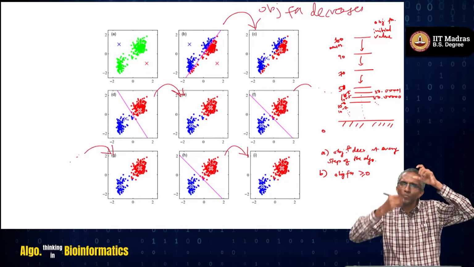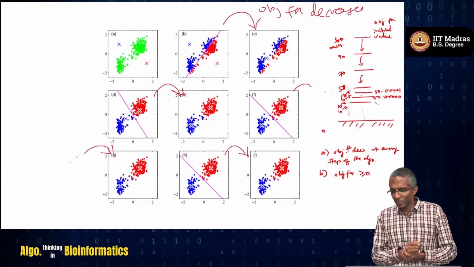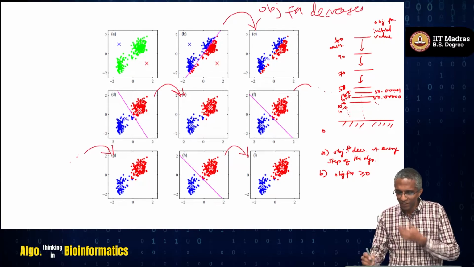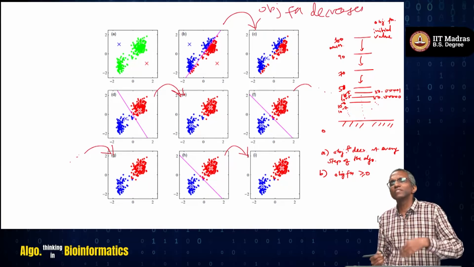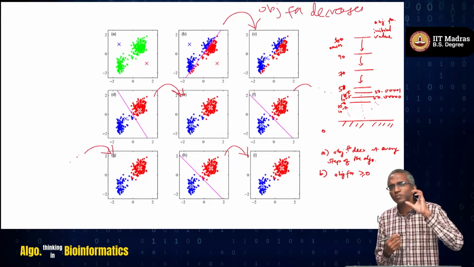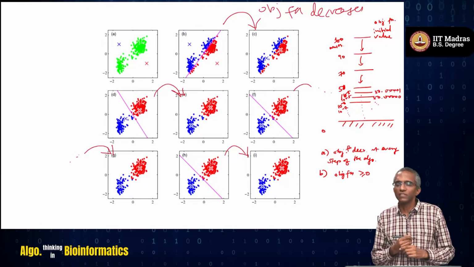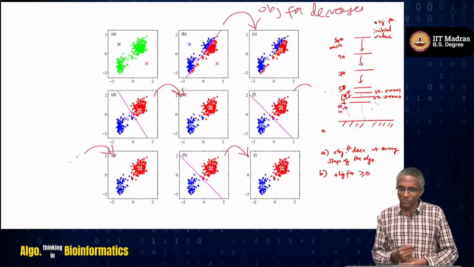It can still keep on going. So it's not clear that there won't be an endless number of very small changes that make the algorithm not converge.